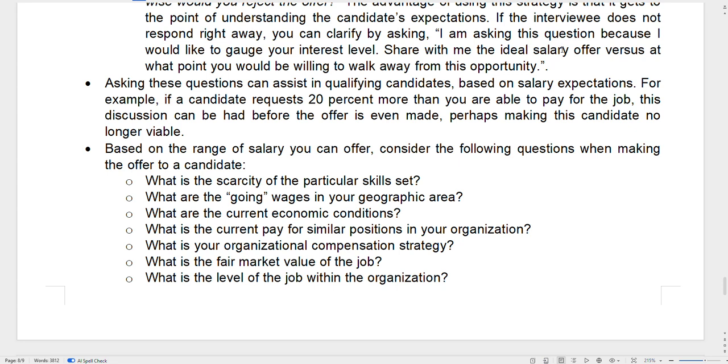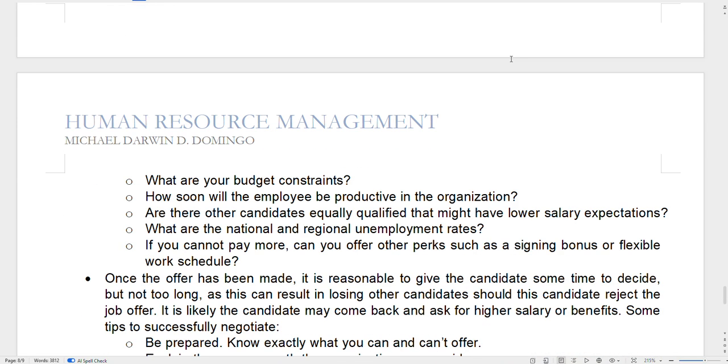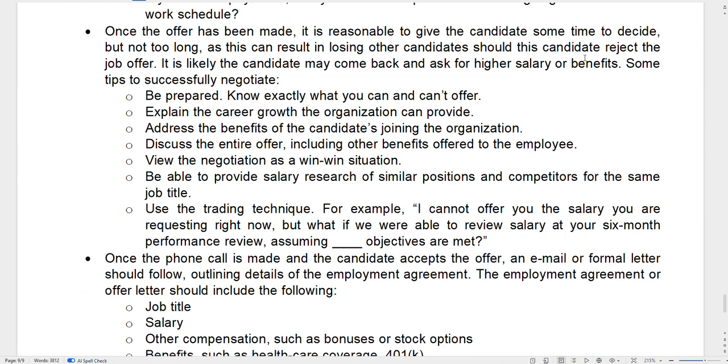What's the going wages, etc., etc. Ayan. So once the offer has been made, it is reasonable to give the candidate some time to decide, but not too long, as this can result in losing other candidates should the candidate reject the job offer. Siyempre, kung may mas magandang offer sa kabila, why not, di ba?